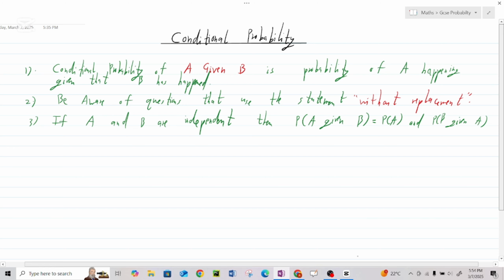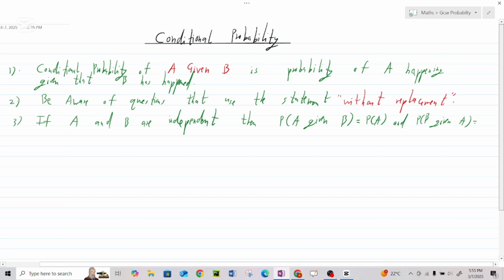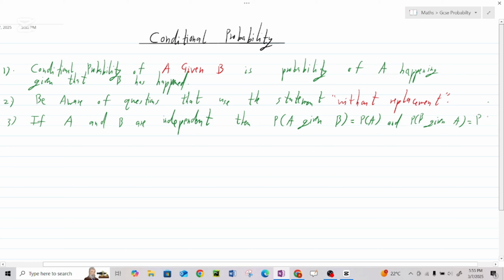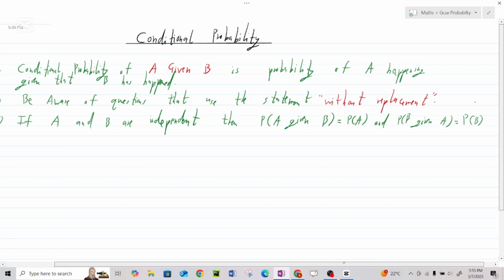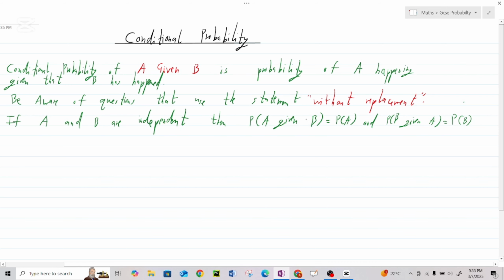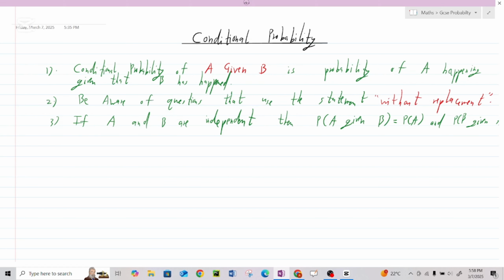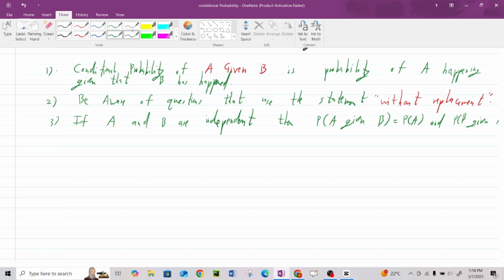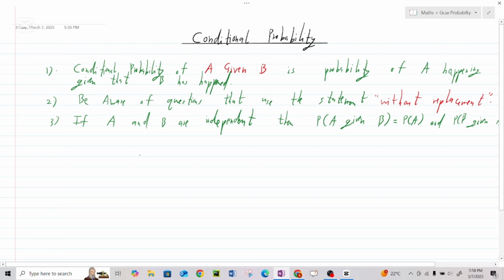B given A, and in the end, this is all going to be equal to probability of B. So probability of A given B is the same as probability of A and probability of B given A, and that is same as probability of B. So these are the things that you need to be aware of. Okay, 3 points to keep in mind. Let me mark it here with a pen. To keep in mind. Okay.